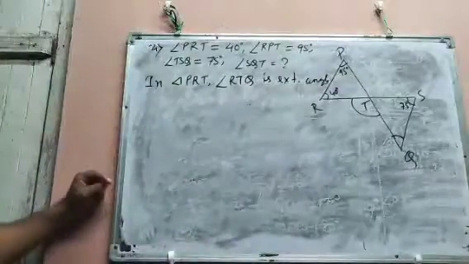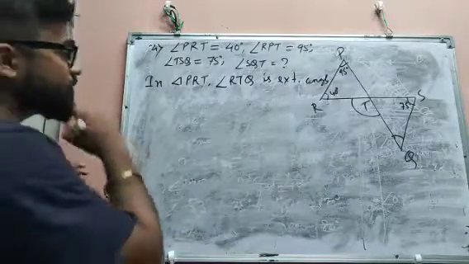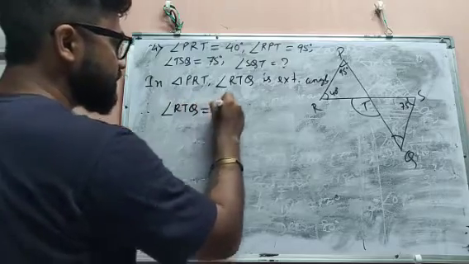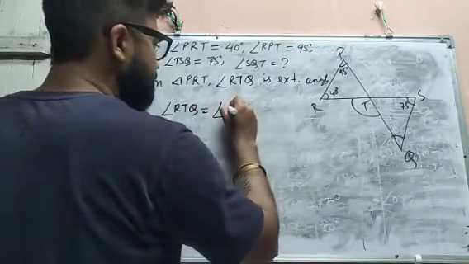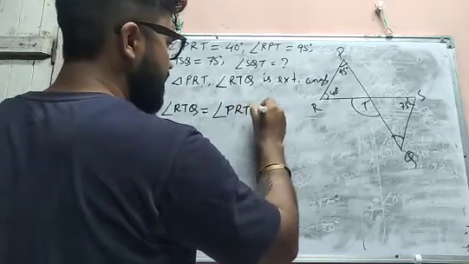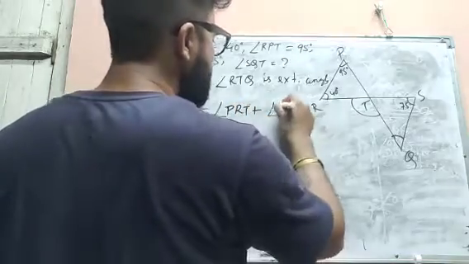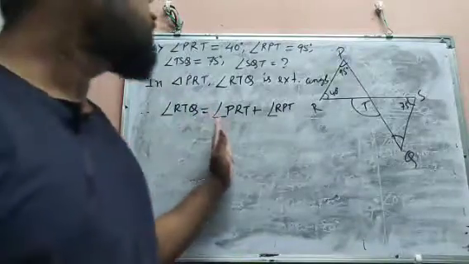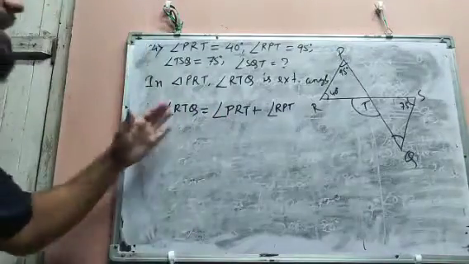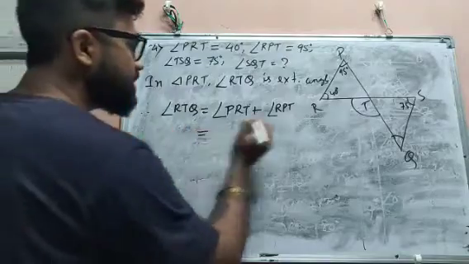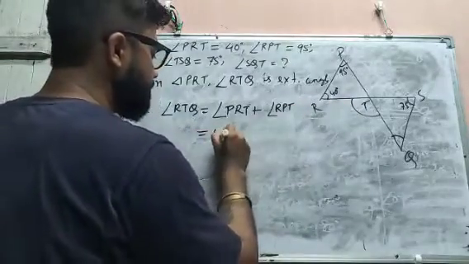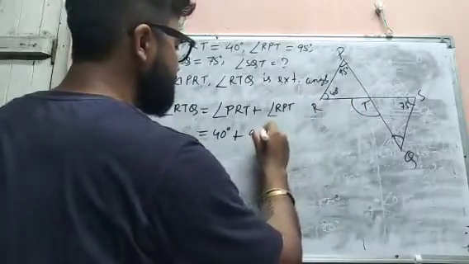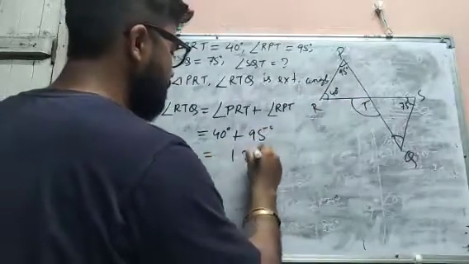As this is the exterior angle, therefore angle RTQ equal to angle PRT plus angle RPT, because the sum of the two interior opposite angles is equal to the exterior angle. PRT value is given 40 degrees, and RPT value is given 95 degrees, so you will get 135 degrees.